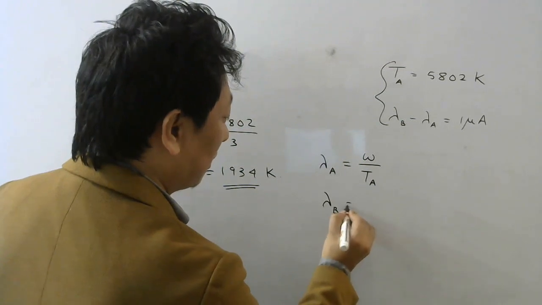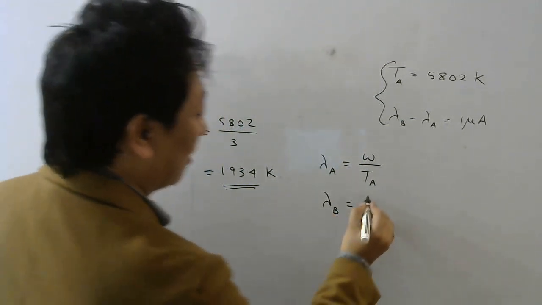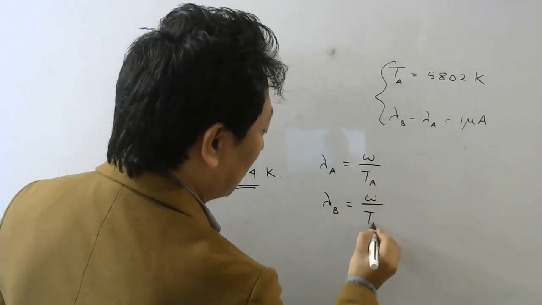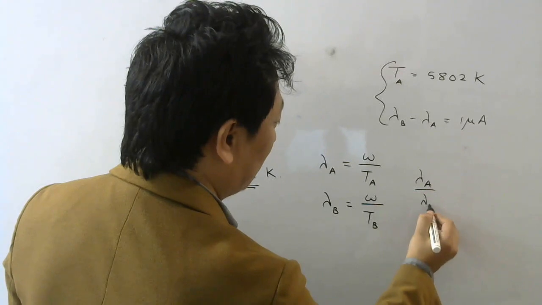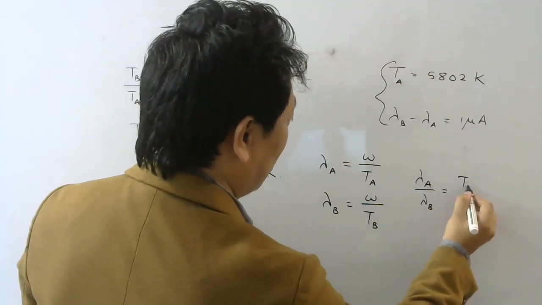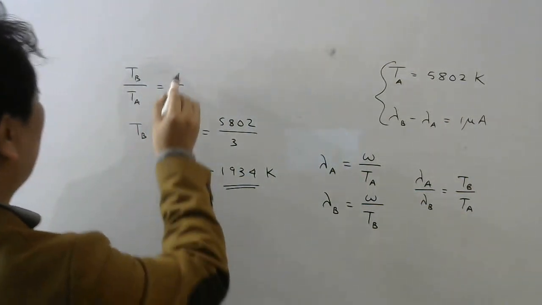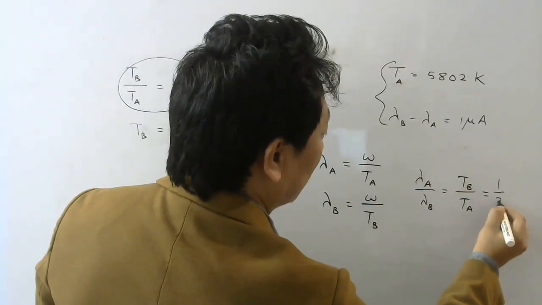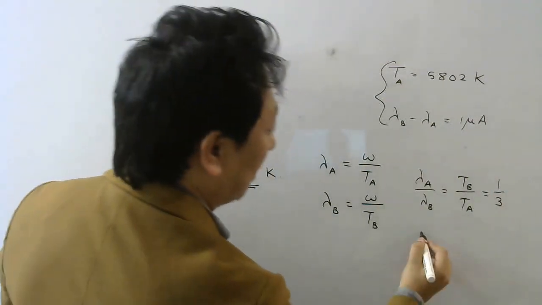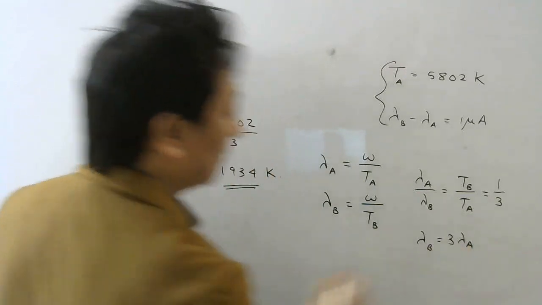And wavelength of radiation for which intensity is maximum for body B will be Wien's constant by temperature B. So if you divide these two, you'll get lambda A by lambda B is equals to T_B by T_A. Right? And already we found T_B by T_A as 1 by 3. So this is 1 by 3. So if I cross multiply, lambda B will be 3 times lambda A.